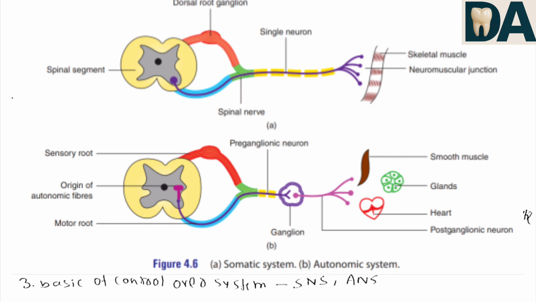The sympathetic nervous system is active during emergency situations. The parasympathetic nervous system is the part of the autonomic nervous system that arises from the brainstem and sacral part of the spinal cord. The action of this system opposes the action of the sympathetic system. Both somatic and autonomic nervous systems have sensory as well as motor components.